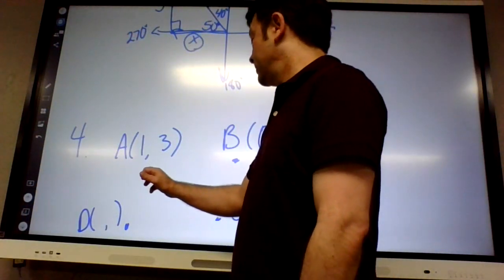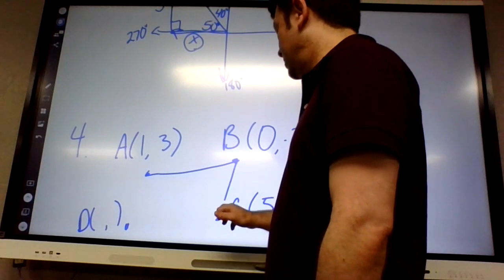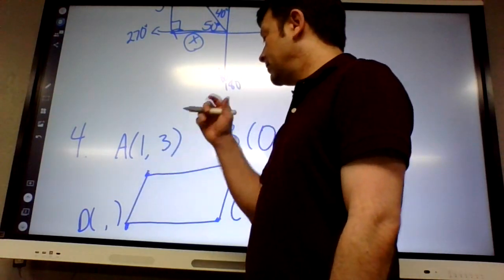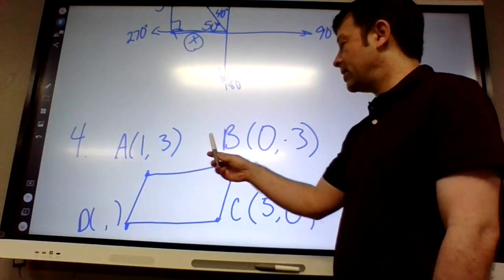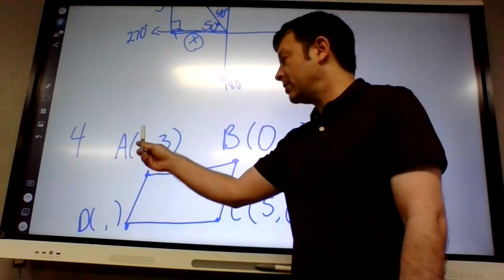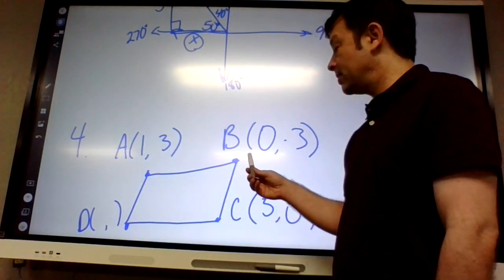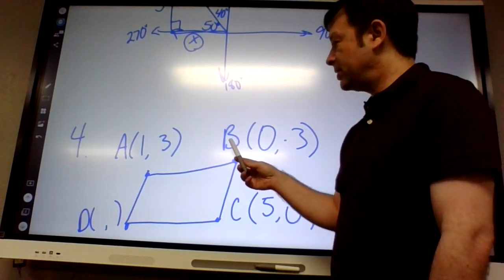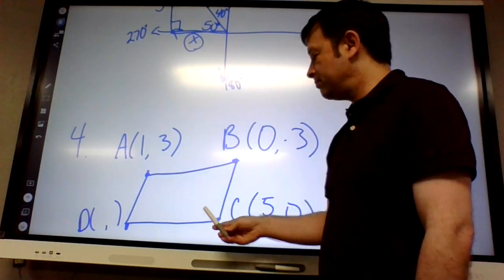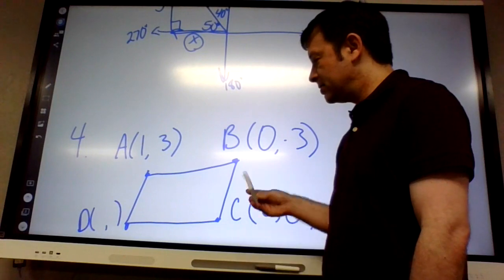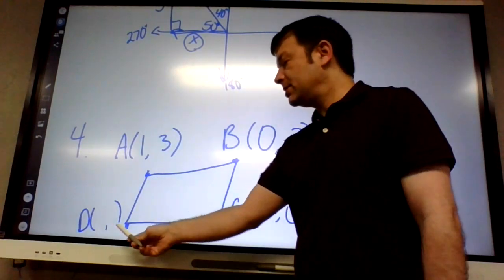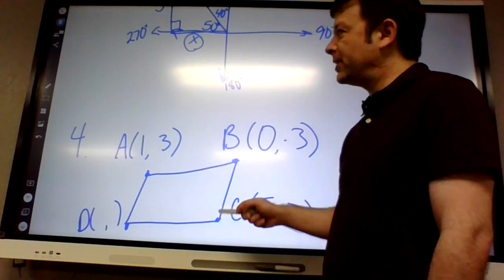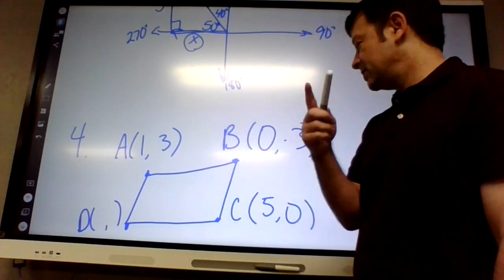Okay, so on number 4 it says we've got a parallelogram ABCD. When it says parallelogram ABCD, you do kind of need to go in order. I could have gone ABCD or ADCB, it doesn't really matter. But you can't skip around; you've got to go around in a circle.